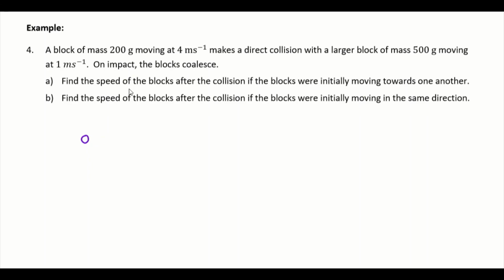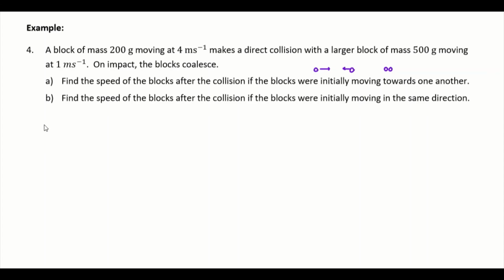Let's look at part A first: find the speed of the blocks after the collision when the blocks were initially moving towards one another. After the impact, the two blocks move together. We're not sure whether towards this direction or that direction, and we are going to find it out.